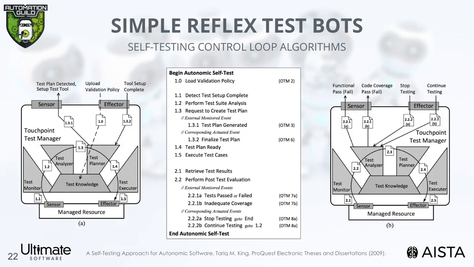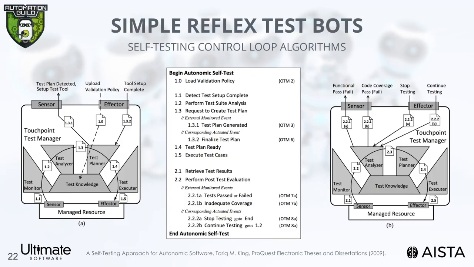The whole idea was that the first control loop would just look to see if the system needed testing, and then try to create some sort of a regression plan for it. So it would say, okay, here's the component that changed, and there were predefined tests that it could pick up and start to execute against the system. And then after that was done, it would need to analyze those test results.